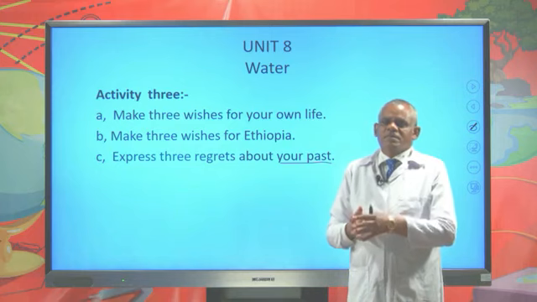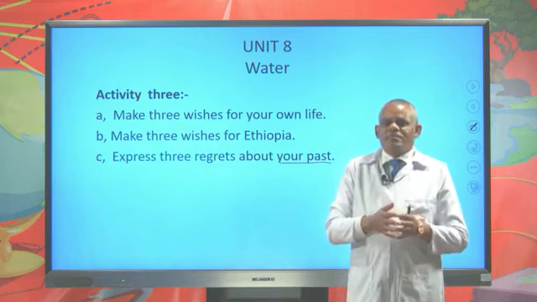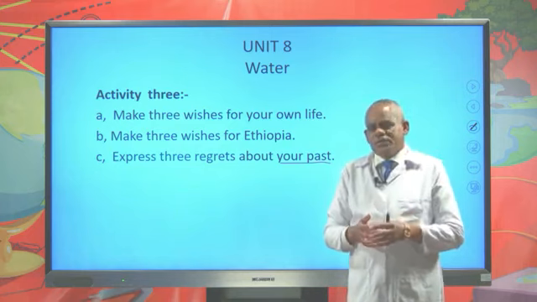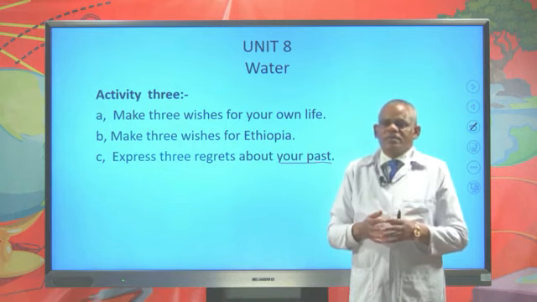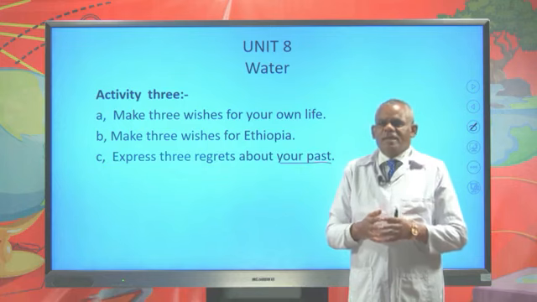It represents regrets in the present and future. Similarly, to express regrets about the past, I would like to remind you again of the form: subject plus wish plus subject plus had plus V3 form, or past perfect tense. When you form the wish structure in such a case, this shows that you regret something in the past.